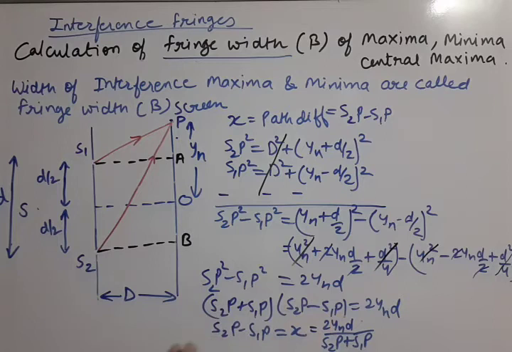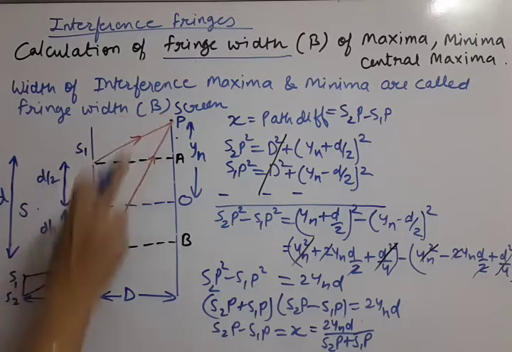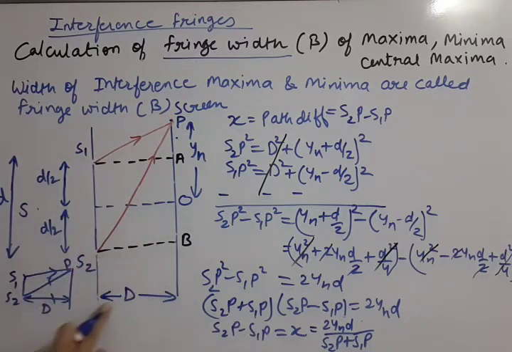Okay, now here we need one approximation. The approximation is this: if the screen is very far from S1, S2, then this oblique distance or this perpendicular distance is approximately the same. Like if I take this oblique distance S1P or S2P, it is approximately equal to D if the screen is very far.